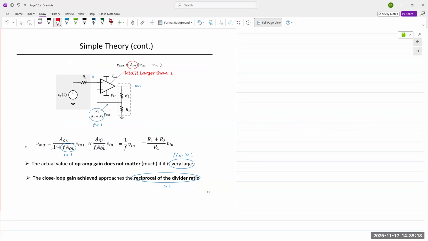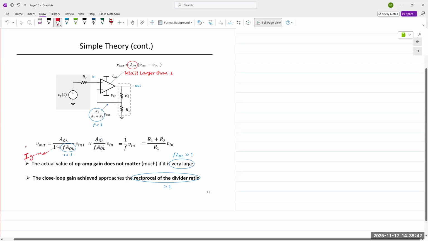F times AOL is going to be very large, far greater than 1, so we can ignore the 1. If we ignore that, the term simply becomes AOL over F times AOL, and the AOL cancels out. The answer we get is 1 over F times V in. 1 over F is (R1 plus R2) over R1.